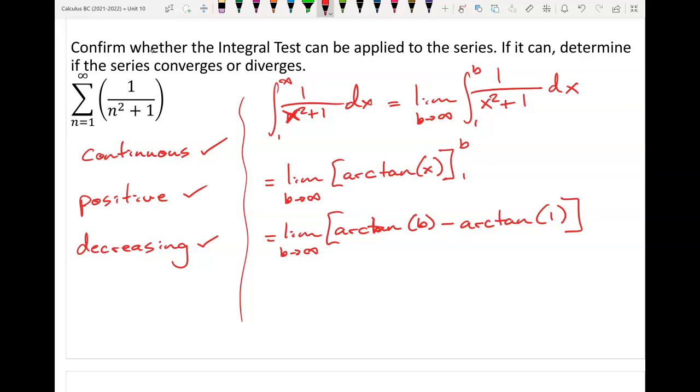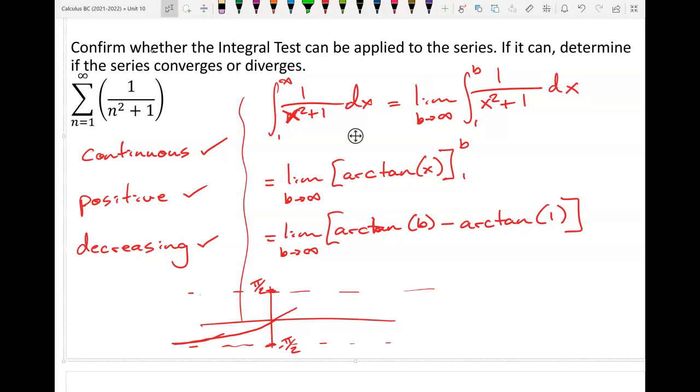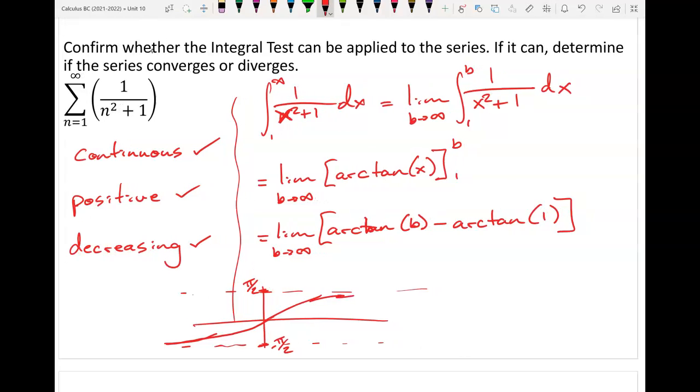What happens as we go to infinity? What does arctangent do? It doesn't oscillate. It has two horizontal asymptotes, positive pi over 2 and negative pi over 2. And it goes, if I can draw it, like this. So what happens as we go to infinity?